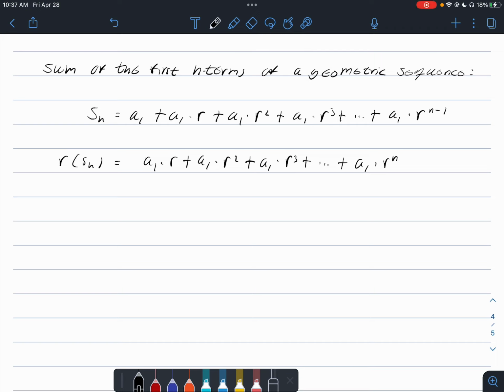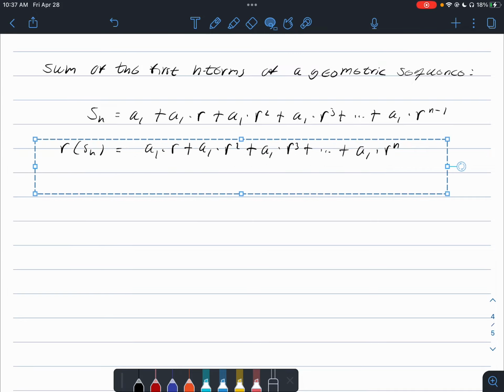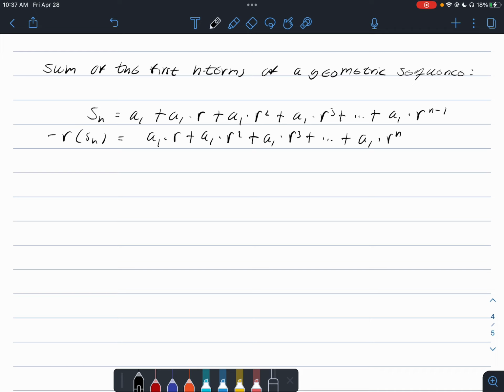Alrighty, and so now what we're going to do is subtract this equation from our initial equation. If we subtract these two, we're going to end up with S sub n minus r times S sub n, and that's going to be equal to A1 minus A1 times r to the n.